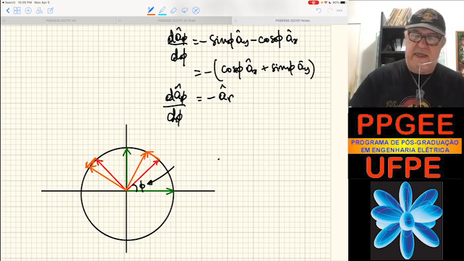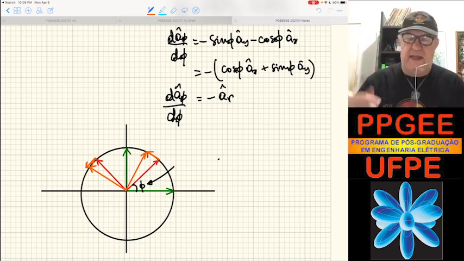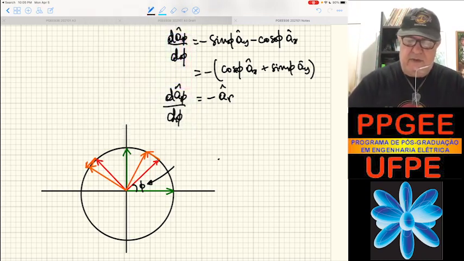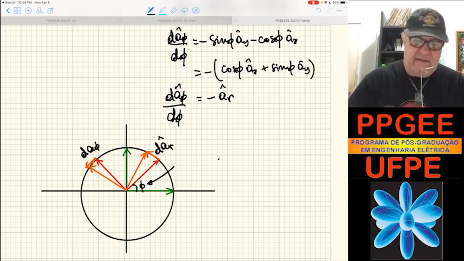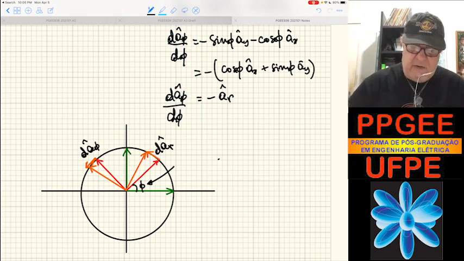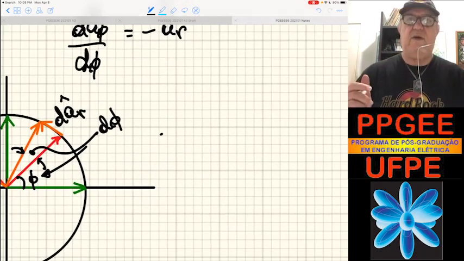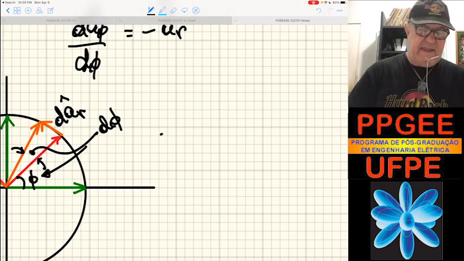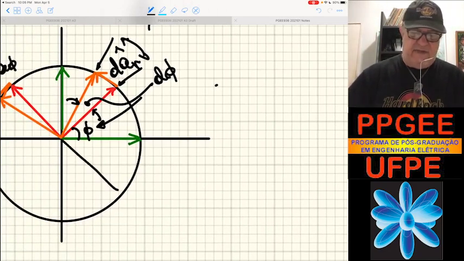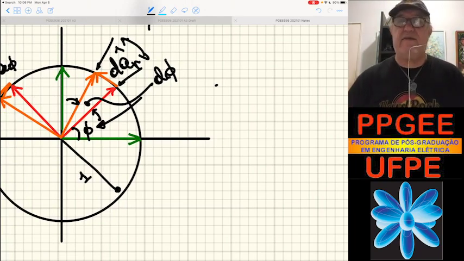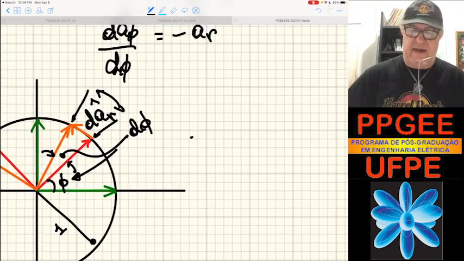Okay? So in fact, I'm doing the two calculations together. So this is dAr, this is dA phi, for a small increment d phi. The segment here has a length which is the radius of this circumference, which is 1, because we are talking about unit vectors, right?